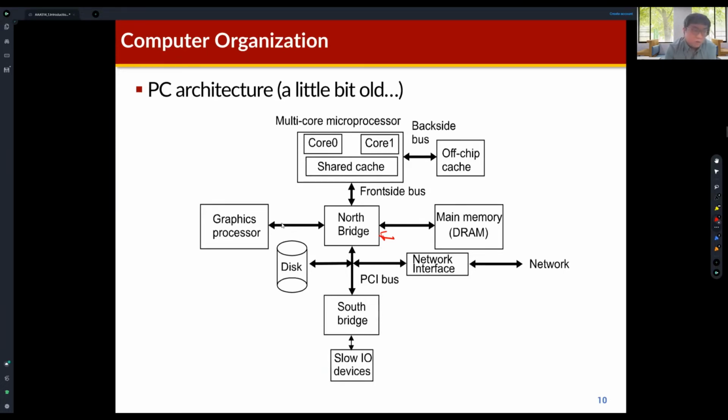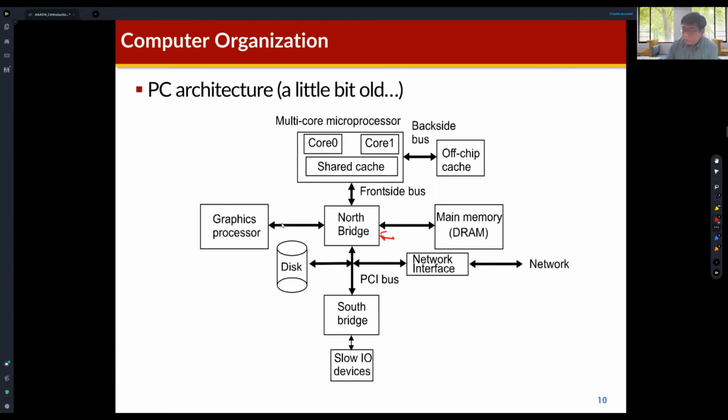The first computer was built using vacuum tubes, and after that, the old computer systems were built using bipolar transistors, and then using CMOS transistors. So processor architecture and computer systems are tightly related to the history of semiconductor technology.